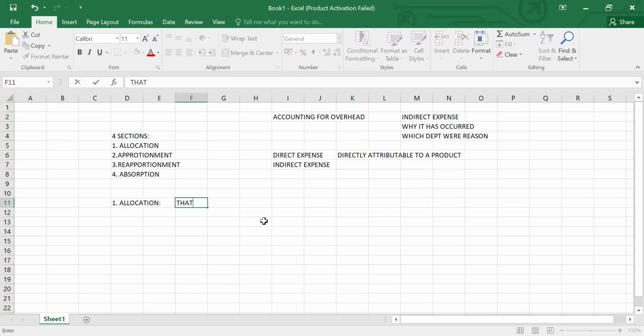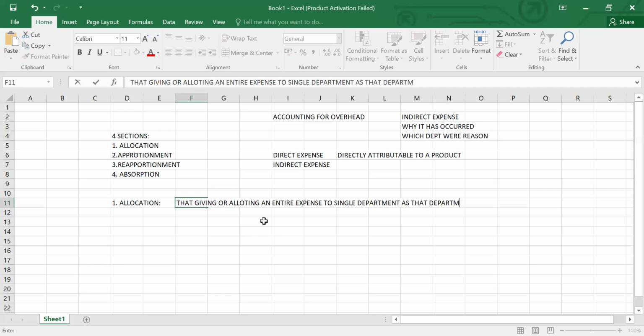Allocation means giving or allotting an entire expense cost to a single department, as that department was the sole reason for that expense.